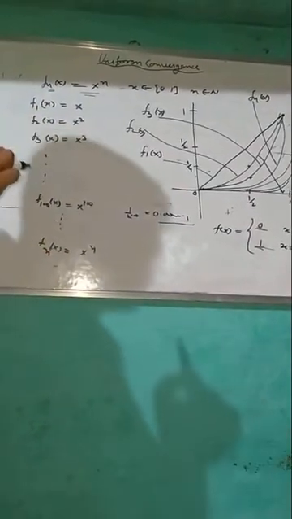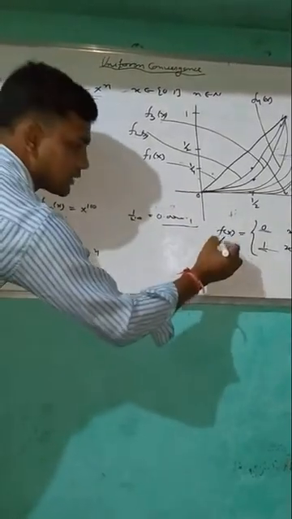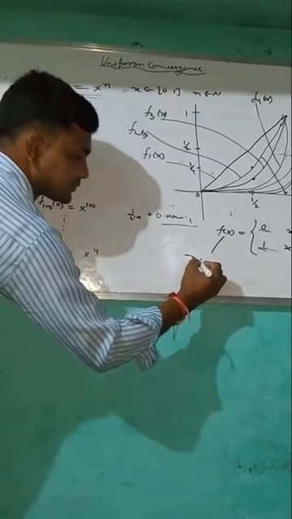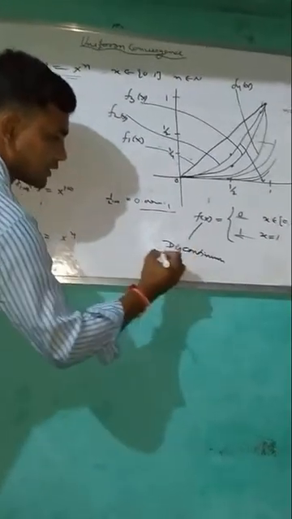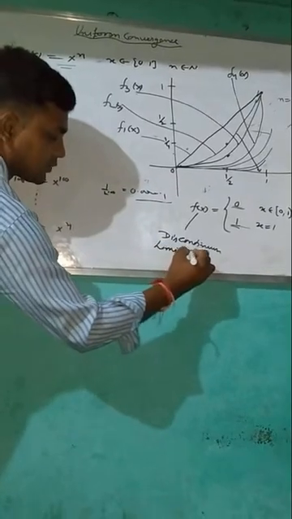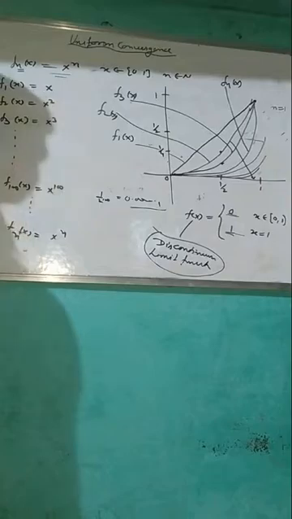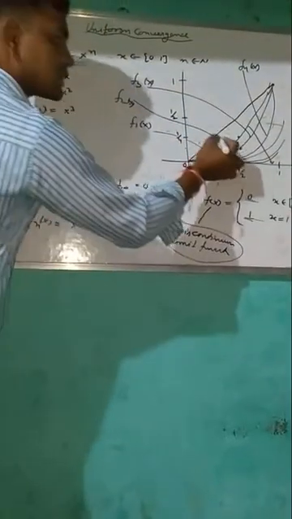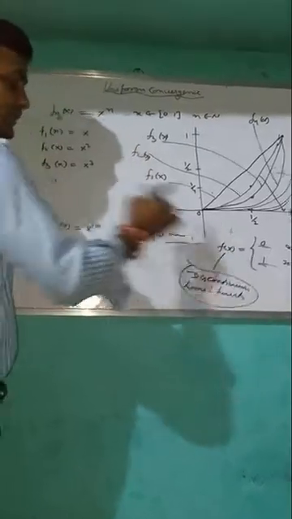This function is not uniformly convergent, because the limiting function is discontinuous. One point is the discontinuous limit function: all the functions are continuous, but the limiting function is discontinuous.